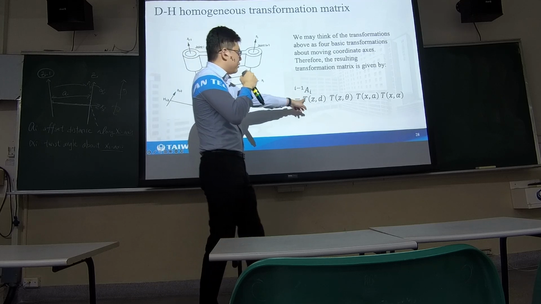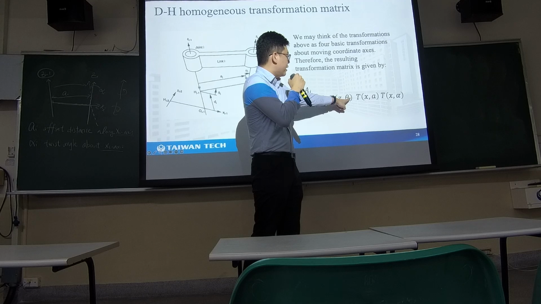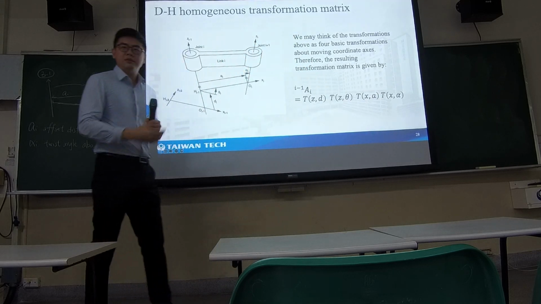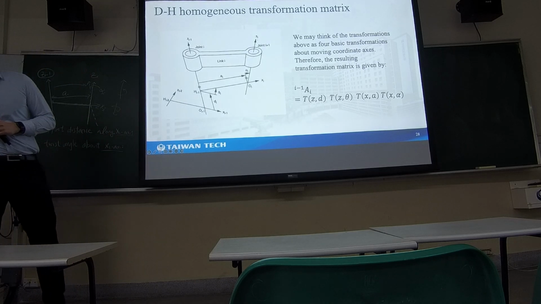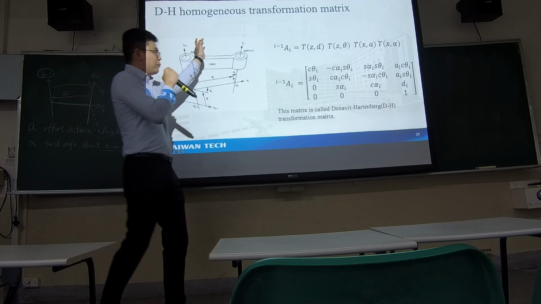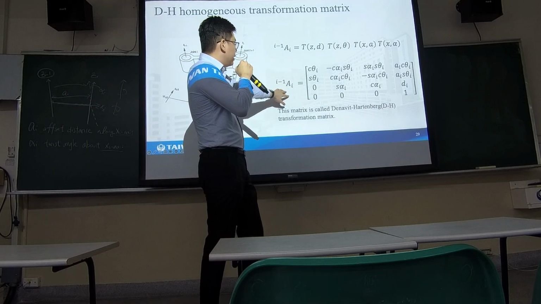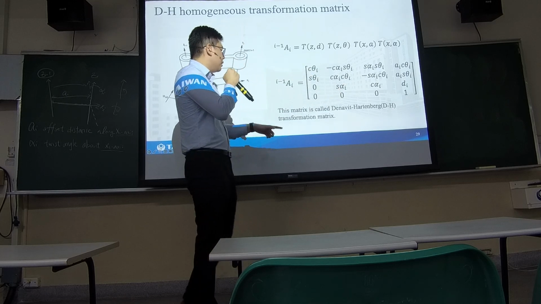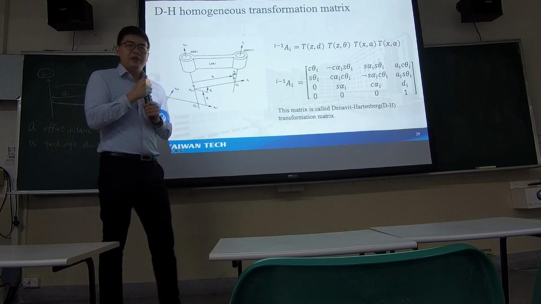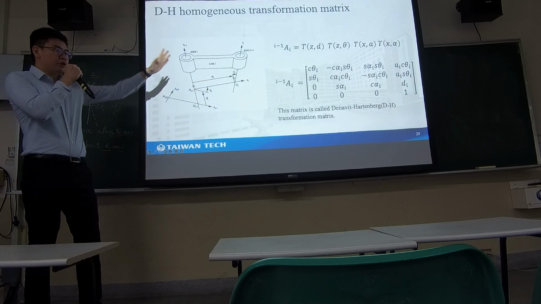You just multiply T z d, T z theta, T x a, and T x alpha together. And this will form this. You just multiply all the matrices together. And this is the Denavit and Hartenberg transformation matrix. So this is the general solution for two joints.